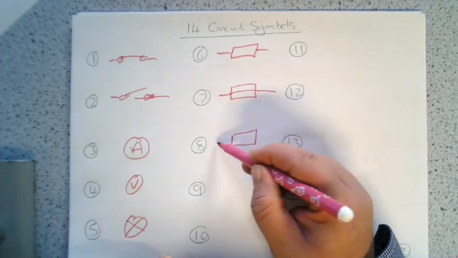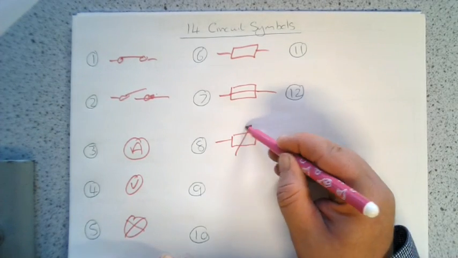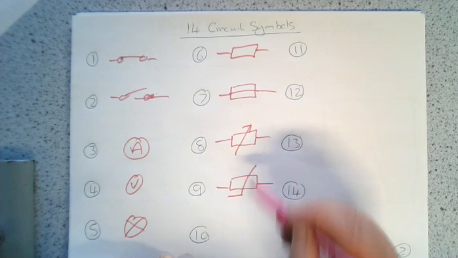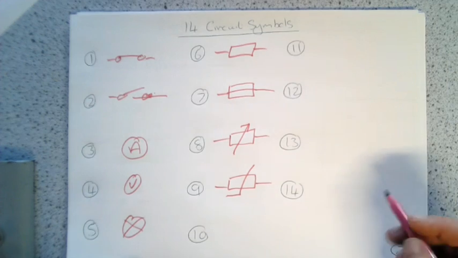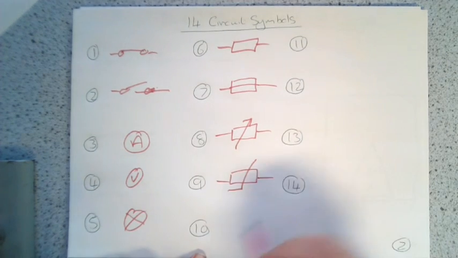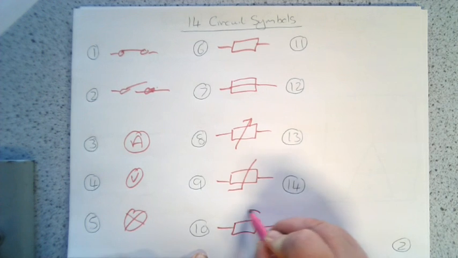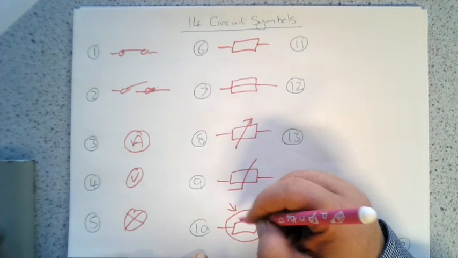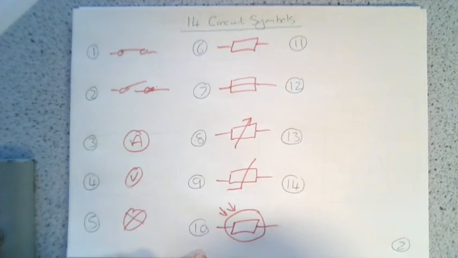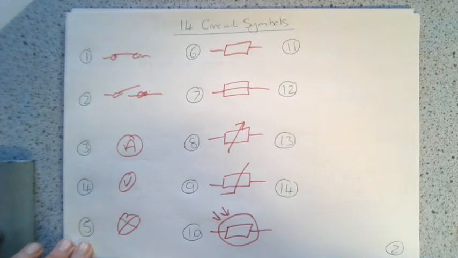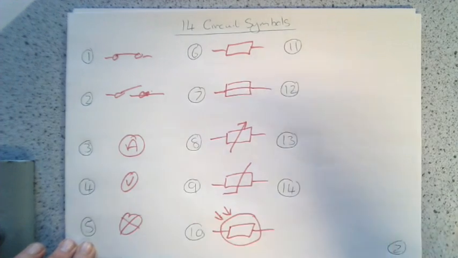We then have a variable resistor. We then have a thermistor. Okay. We then need to think about the resistor that's in a circle, which is our LDR.